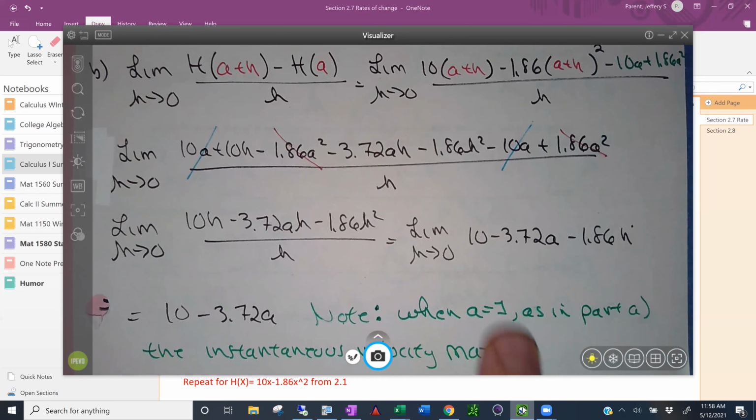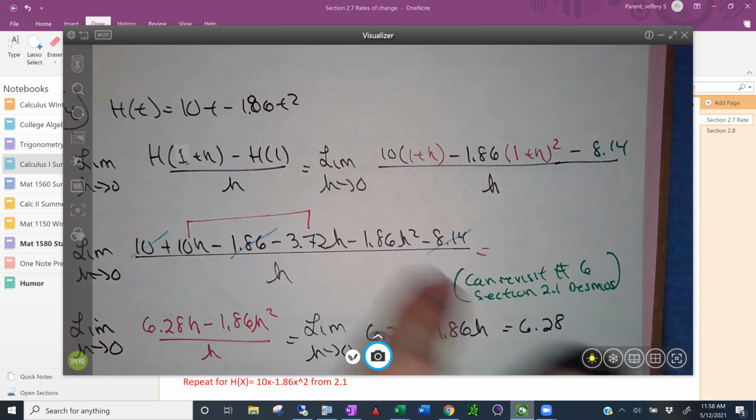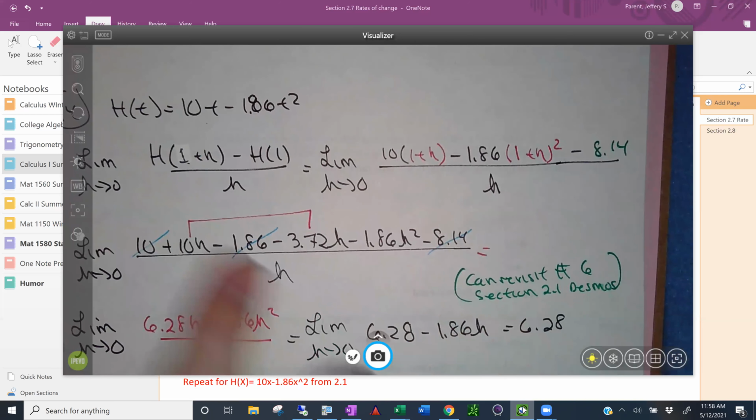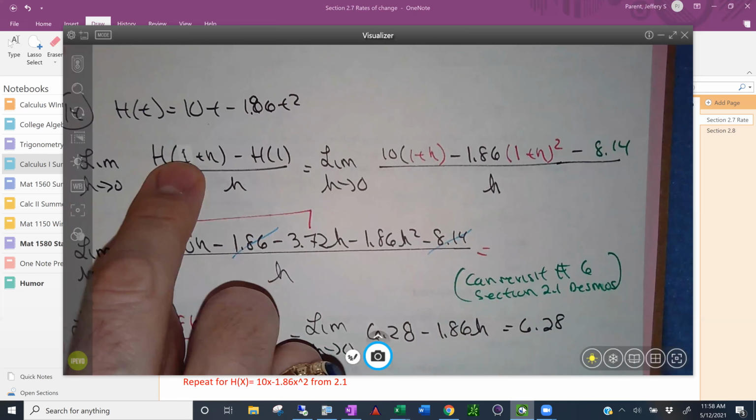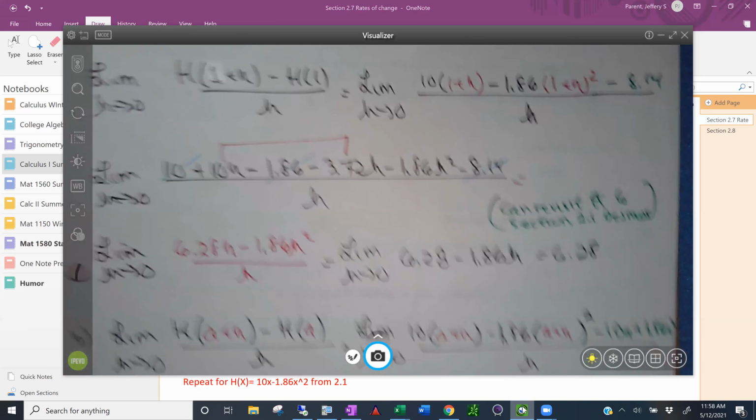But I can also plug in a equals 2 and find out what's the speed of this at time equals 2. So it's nice. It gives you a lot more flexibility, and you wouldn't have to repeat all this work just to figure out what happens when a is 2 as opposed to 1. So that's where we're headed in section 2.8.